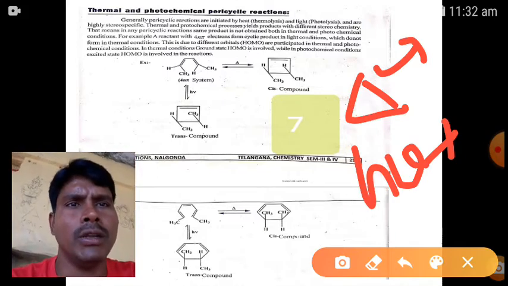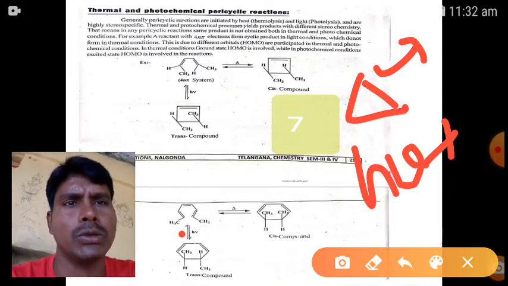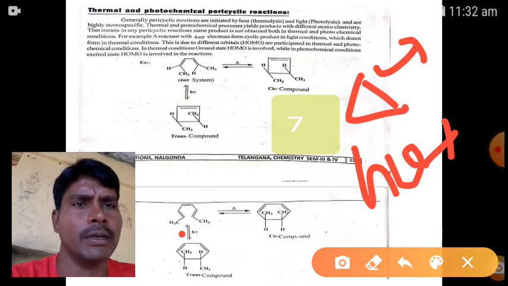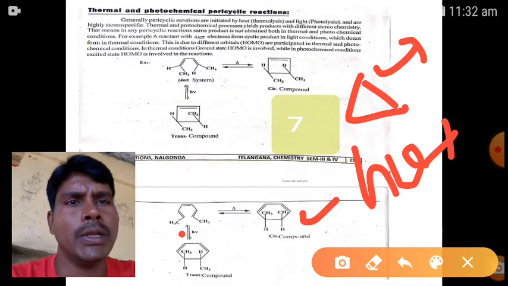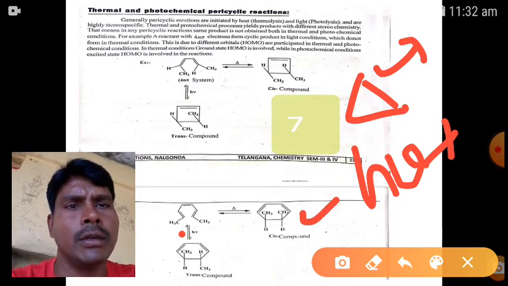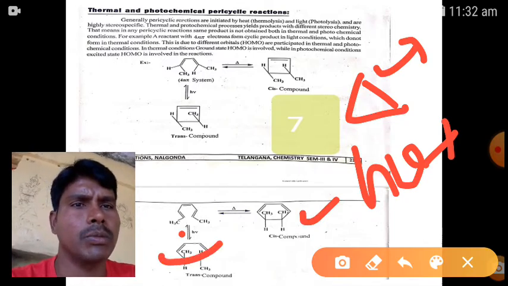Here the same applies to 1,3,5-hexatriene also. This is a 4n plus 2 pi system. In thermal conditions we get the cis product. In the presence of light, photolytic condition, we get the trans product.